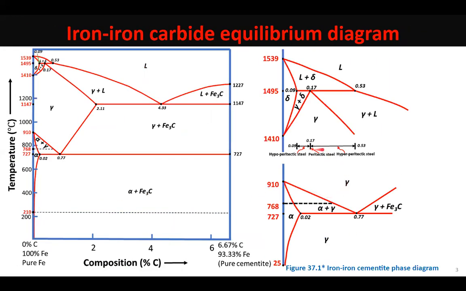All steels to the right of it are called hyperperitectic steels, and all steels to the left, but only we are considering those steels which actually go through the peritectic reaction, means any steel which has between 0.09 to 0.53 percentage carbon. If we have less than 0.09 carbon, then the peritectic reaction would not be shown. If we have a steel with more than 0.53 percentage carbon, again the peritectic reaction will not be shown.